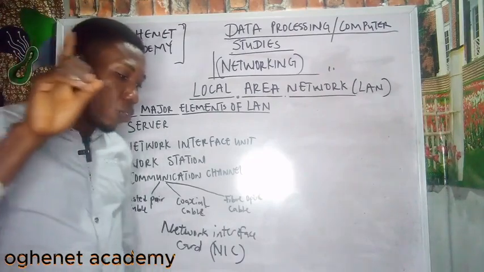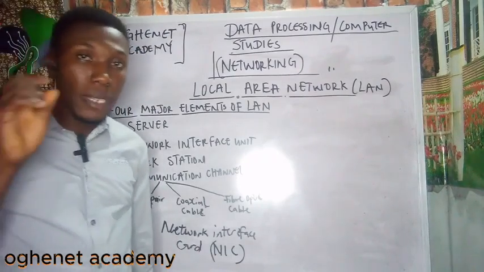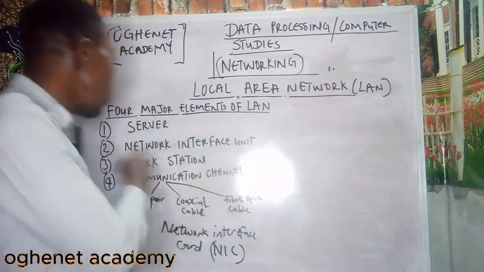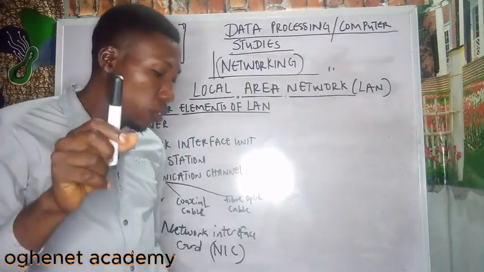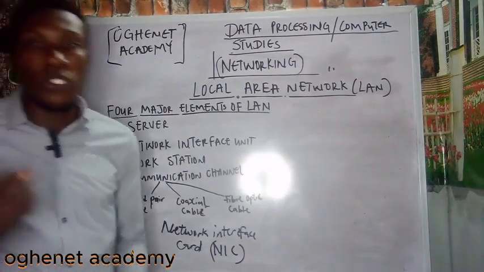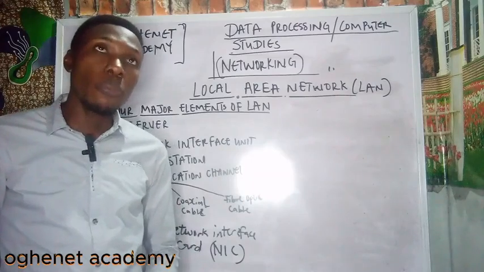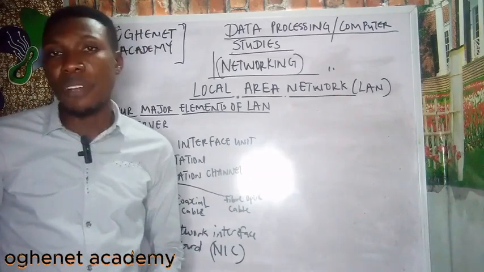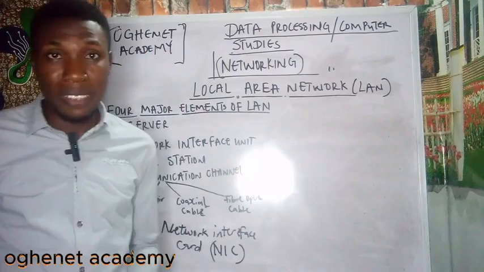Now let's look at another function of the workstation: accessing applications that are hosted on the server. That is, it makes it possible for you to have access to applications that are stored in the server.